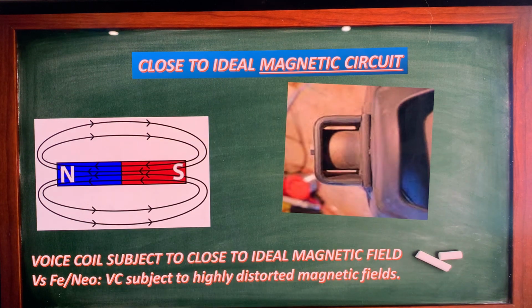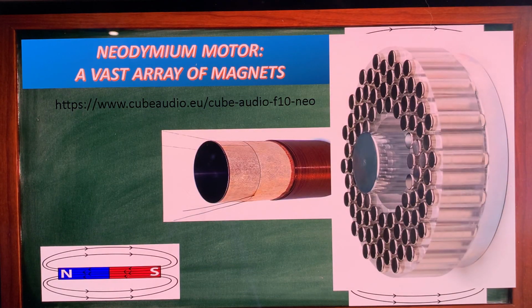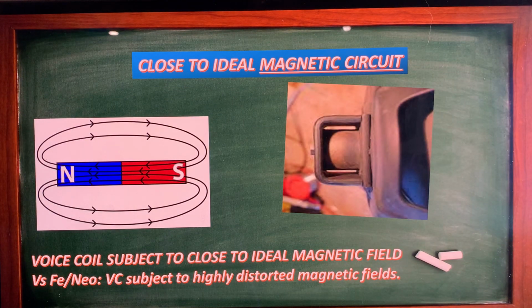I think this is the most perfect magnetic circuit we have used so far for loudspeaker drivers, and this helps to explain why the tonality of the ALNICO drivers is the best, the most natural we have so far, and why the ferrite drivers and neodymium drivers sound harsh or uncontrolled or clinical or unnatural in comparison to ALNICO drivers.